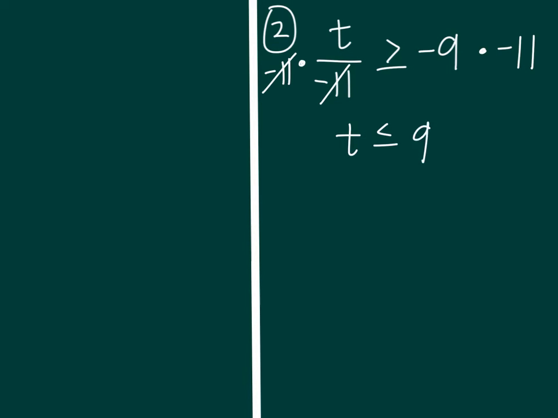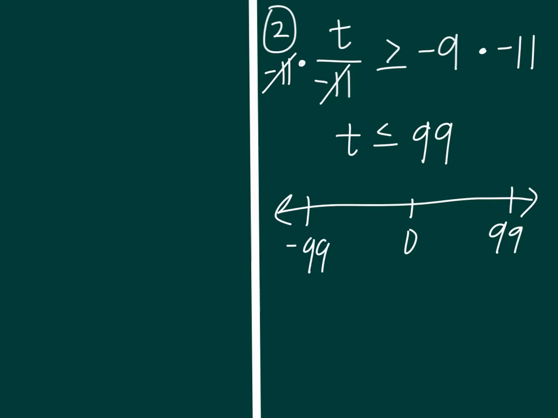So we get t is less than or equal to 99. That means any number that was less than or equal to 99 would work. It'll be a closed circle this time. My line will go to the left to show numbers less than or equal to 99.